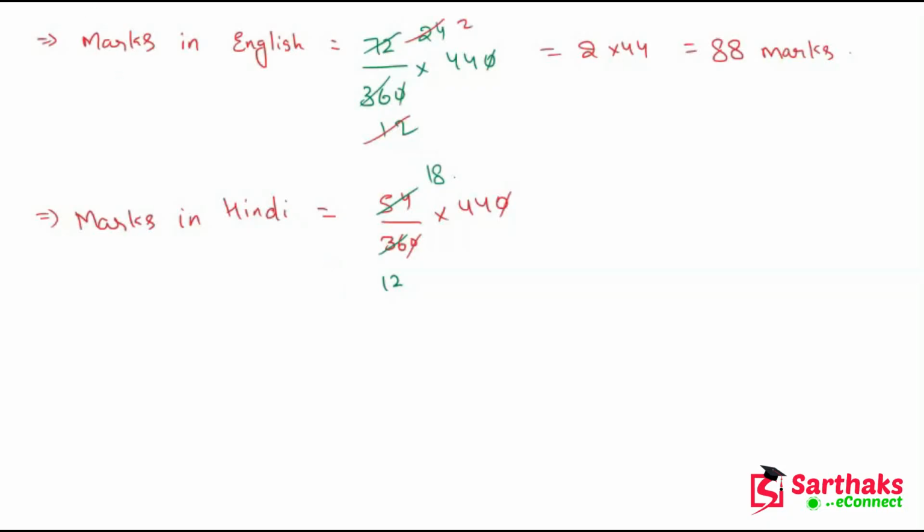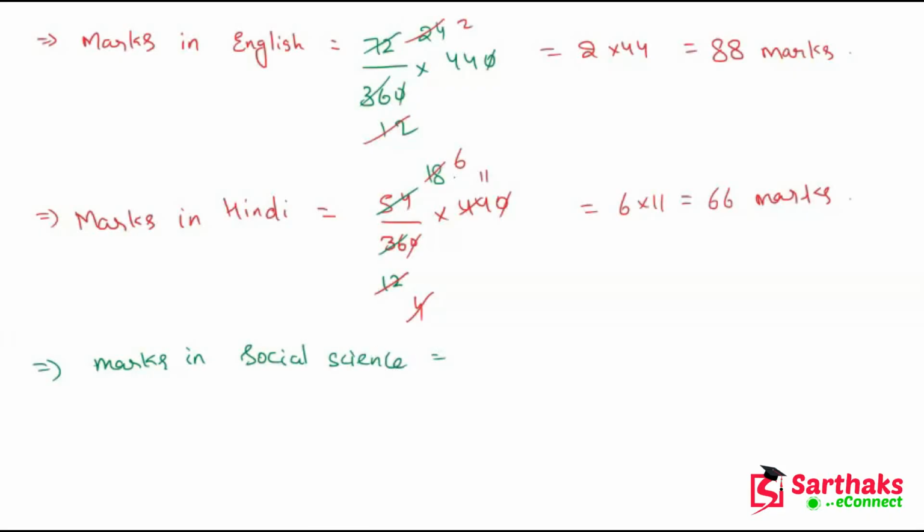Again we can divide 12 by 3 in 4 times, and we can divide 18 by 3 in 6 times. We can divide 44 by 4 in 11 times. So here we get 6 into 11, which is 66 marks.